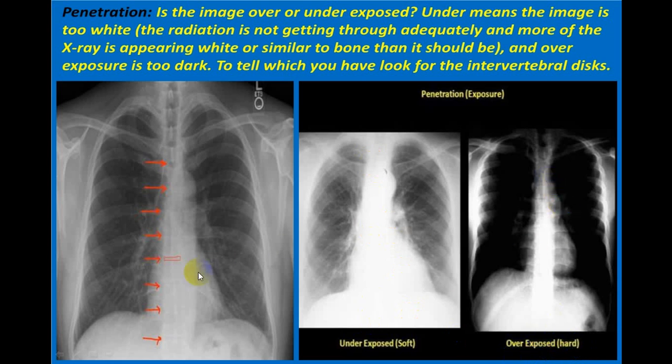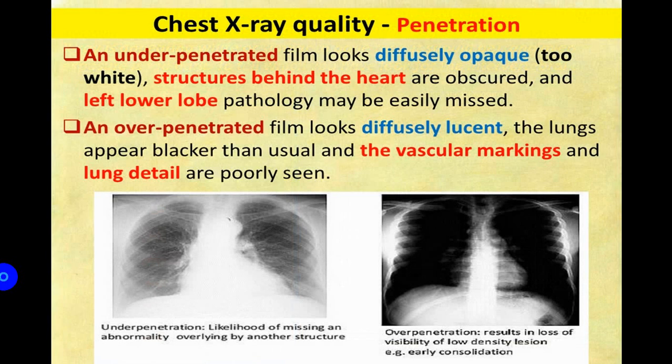Ideally it should be this, where you can see through the heart shadow a little amount of the thoracic spine, not like this, not like this. So this is the best film which you can have. Penetration should be good. You can see the difference.